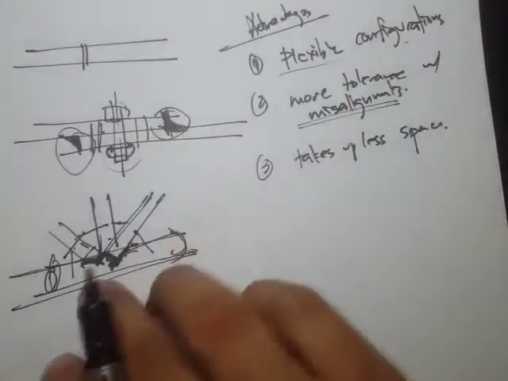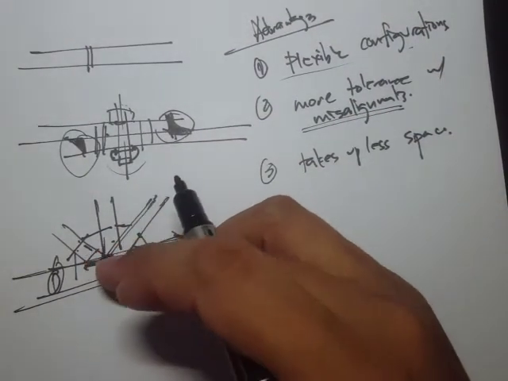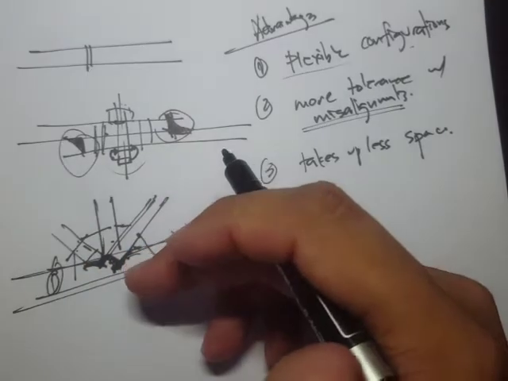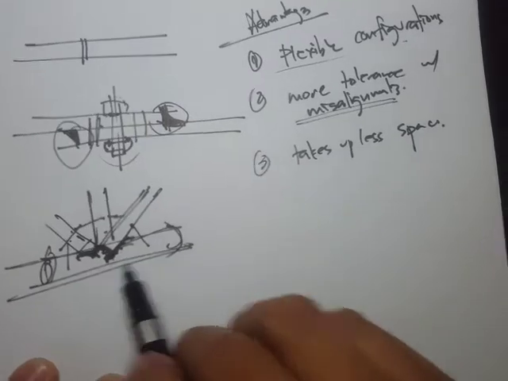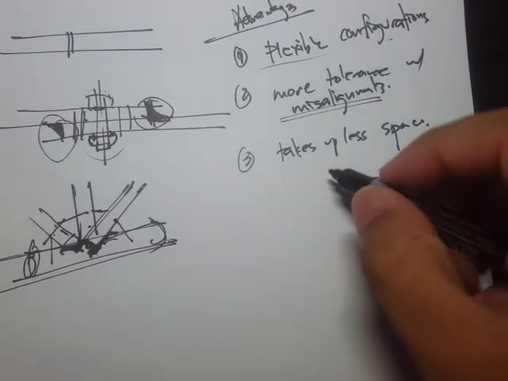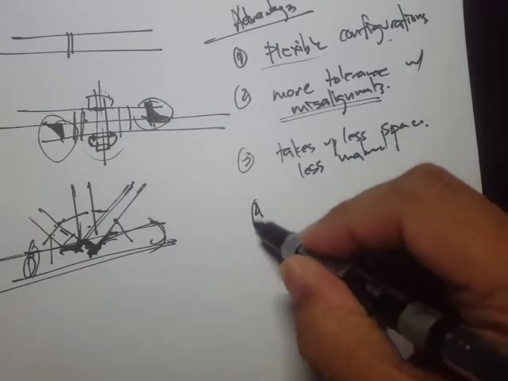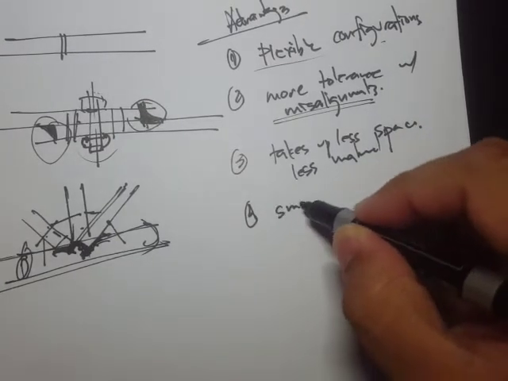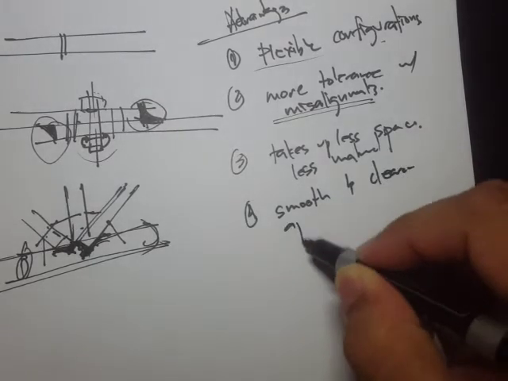Plus there's the bolt material itself in the bolted connection, which is adding materials. Whereas for welds, it's just less space and less materials. Number four, it has a smooth and cleaner appearance.